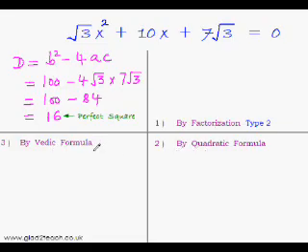So watch me carefully. Since here the value of D is a perfect square, that means I can factorize this quadratic equation directly. So simply transfer this coefficient of x squared term here. So this means root 3 times root 3 will be 3 and 3 times 7 would be 21.